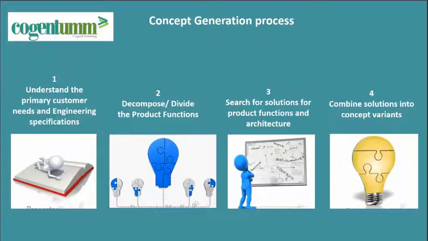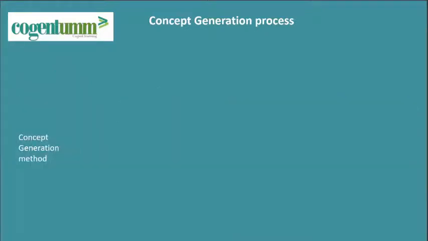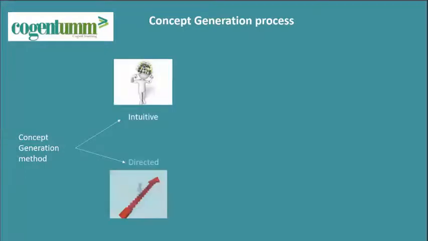So now we come to the solution finding methods. Concept generation is the divergent development of many alternatives where the focus is on innovation and functional satisfaction. A convergent strategy is adopted once a breadth of ideas is formed. Generally, 2 types of processes are considered: intuitive and directed.